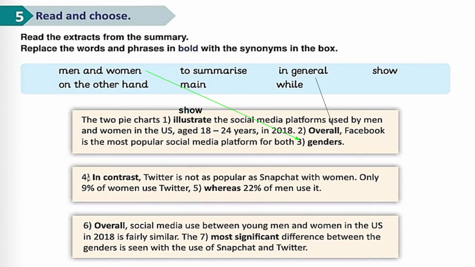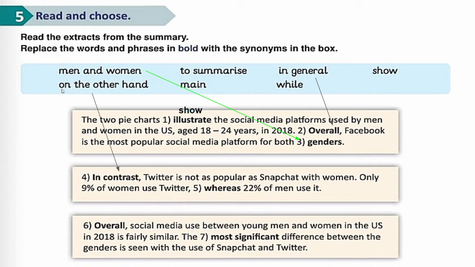Number 4. In contrast, Twitter is not as popular as Snapchat with women. So here, in contrast means what? We have contradiction here. So when we have a contradiction, we should use on the other hand. On the other hand, also here pay attention.